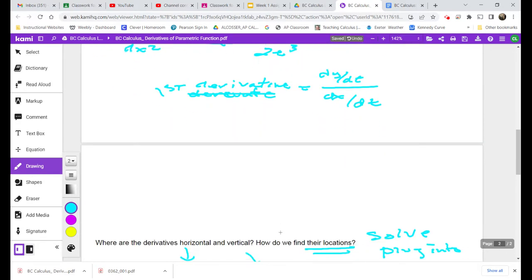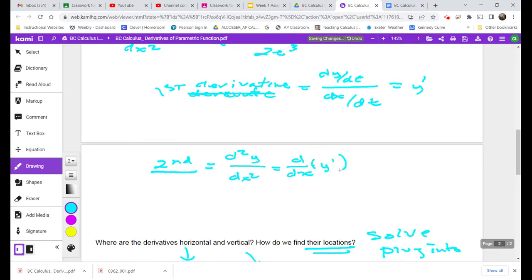Now the second derivative is based on this formula. I'm going to write it out for you guys. The second derivative, if we think about it, is the derivative of y prime. So it's the derivative of y prime, and if we clean this up, we get this.